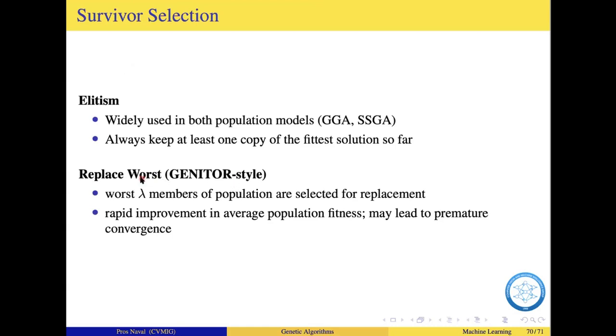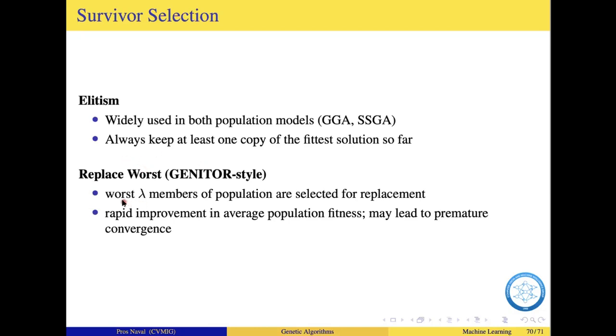In this slide, elitism is widely used in both steady-state and generational models. We always keep at least 1 copy of the fittest solution so far. That's elitism. In the genitor style survivor selection mechanism, we replace the worst.